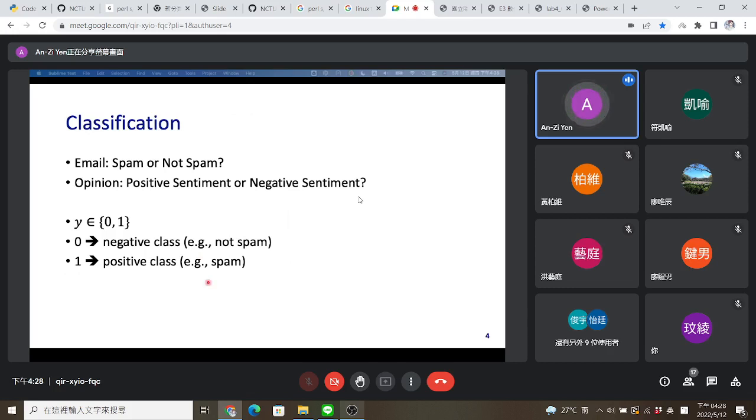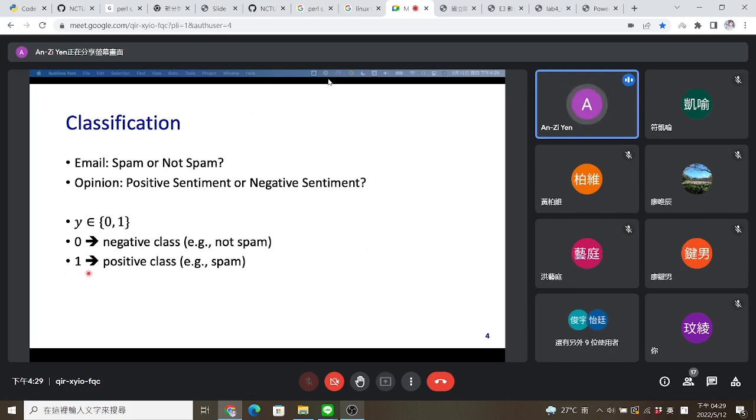So for now, we are going to start with classification problems with just two classes, zero and one. And you may be wondering how to perform multi-class problems. Here it is called a binary classification problem because we only have two values.